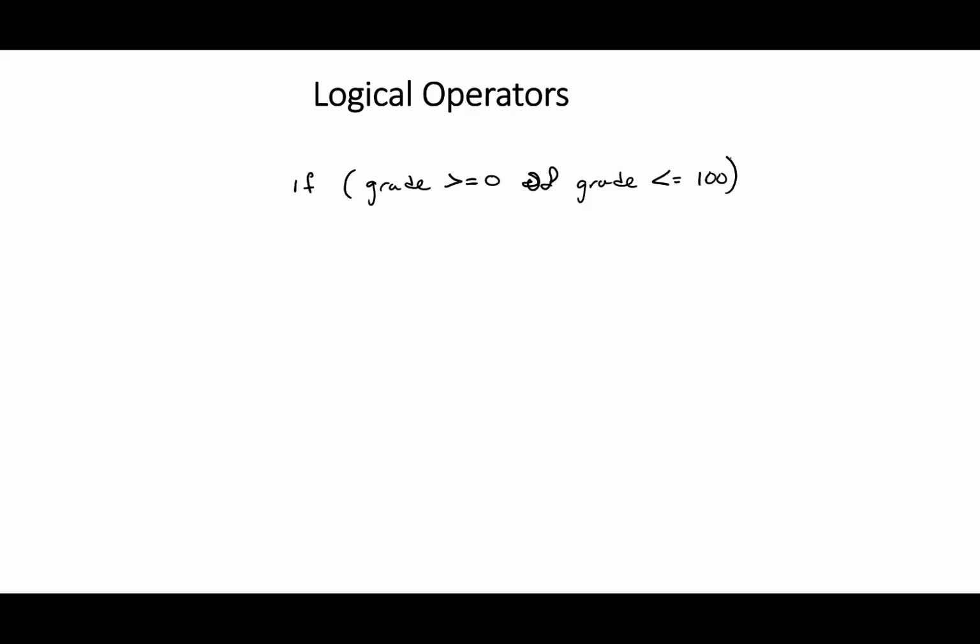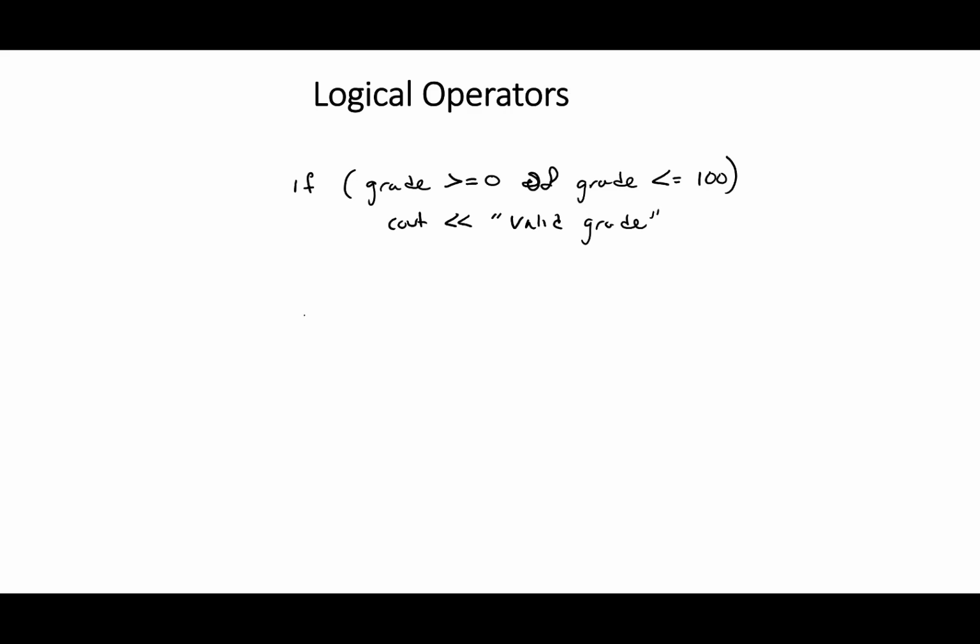This is going to be true if the grade falls somewhere between 0 and 100. This is the kind of statement you would want to use if you were asking the user to input a grade and you wanted to make sure they didn't enter a negative number or something greater than 100. Then we could do cout valid grade. We could also check it like this.